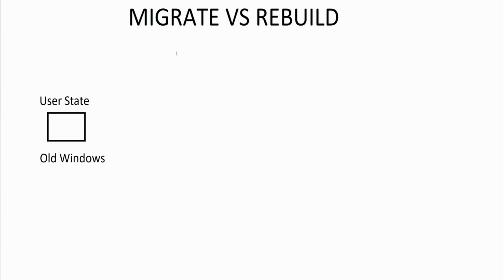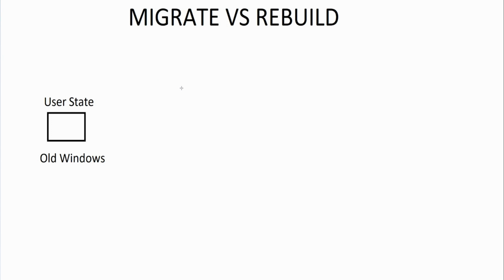All of that stuff is here. Their email, all of that stuff is on this machine on their old version of Windows. Now, first, you kind of have to look at it from this standpoint. Is the user getting a new machine, or are you just doing a new operating system? All right, that's the question.